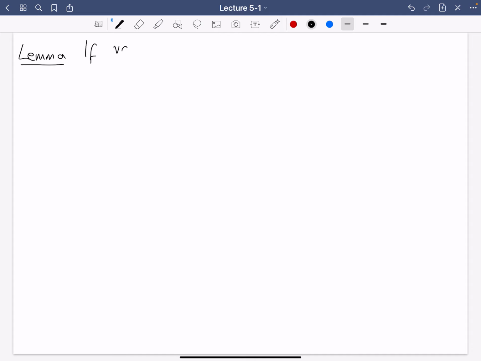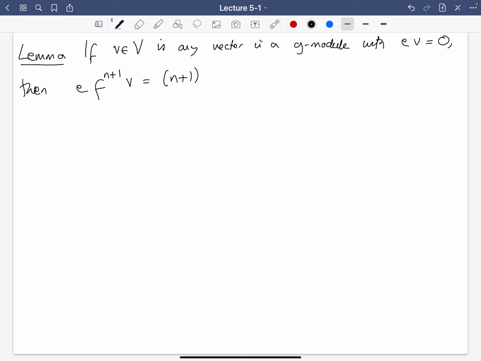If little v in V is any vector in any G module with E v equal to 0, so any vector killed by E, the lemma tells you how to calculate E on f to the n plus 1 v. And it says it's n plus 1 f to the n h minus n v. This is for any natural number n.